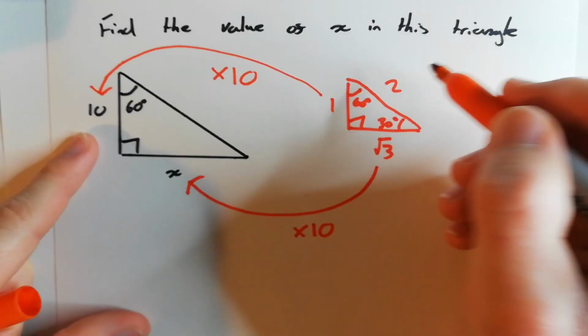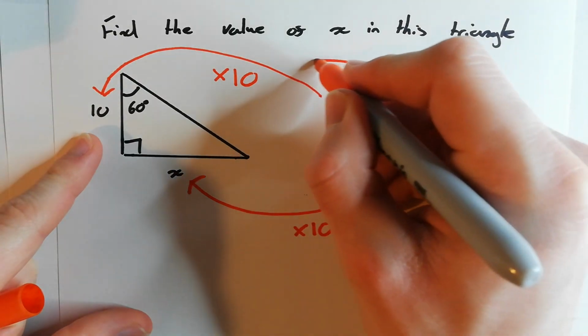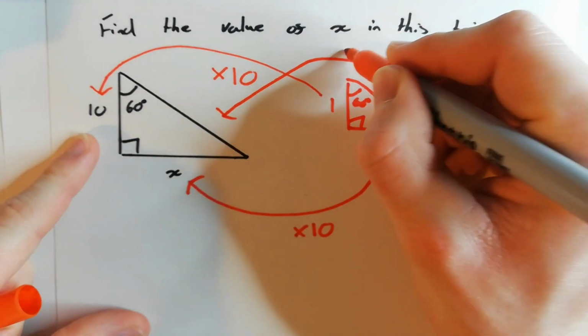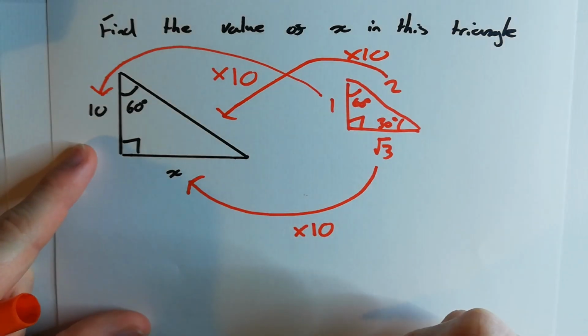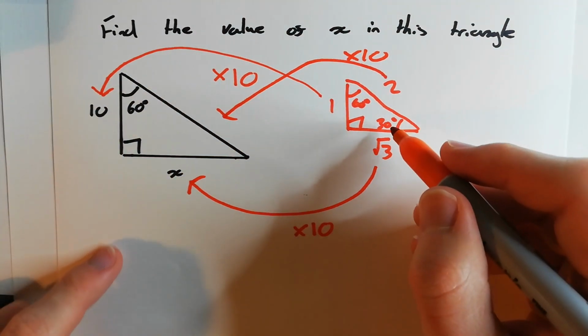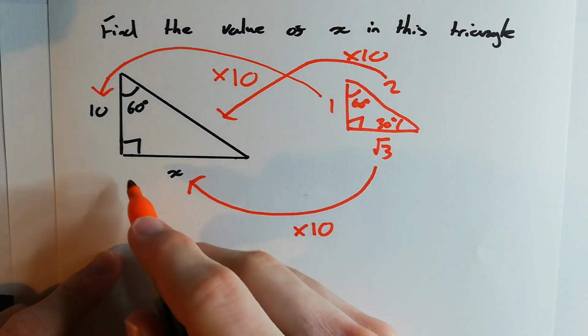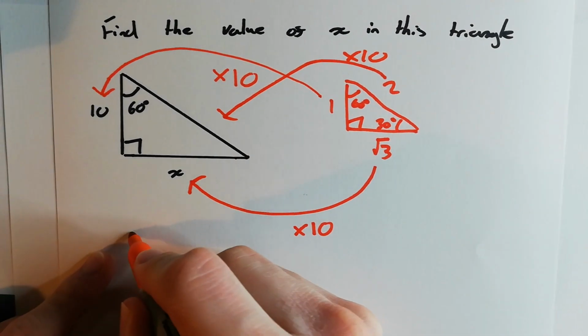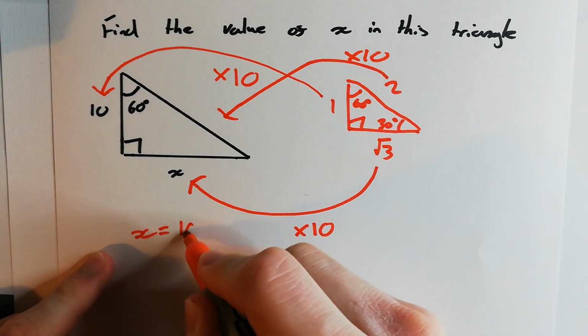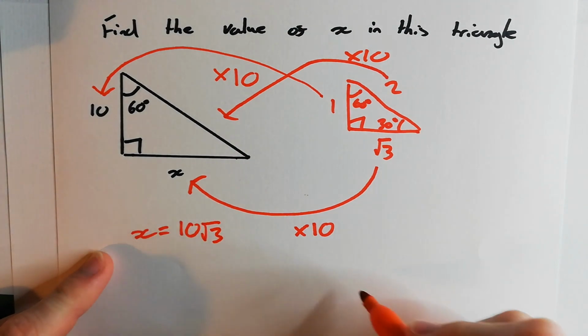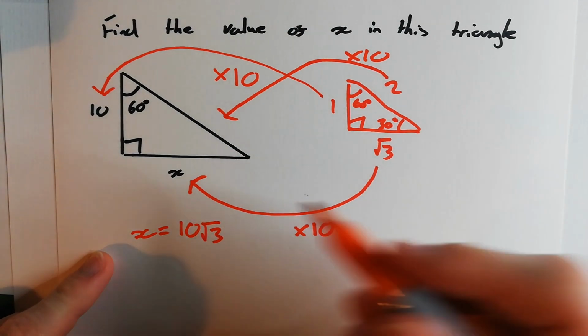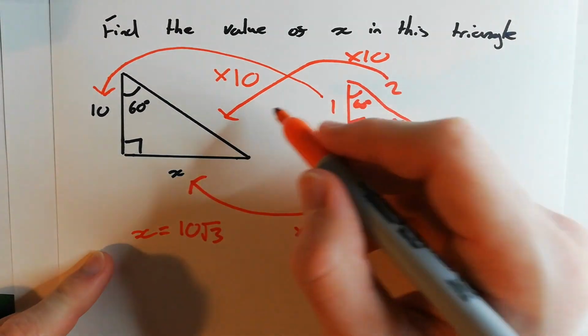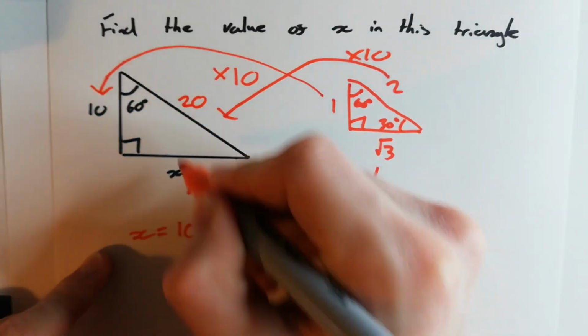And it will also mean, even though we do not need this for this question, that this edge to this edge we times by 10, which means we can instantly see, using this triangle, that it's 10 times the side length of this length, so that x would equal 10 root 3. And even though we don't need it, just to show how quick it is, we can instantly see that the longest side is of length 20.